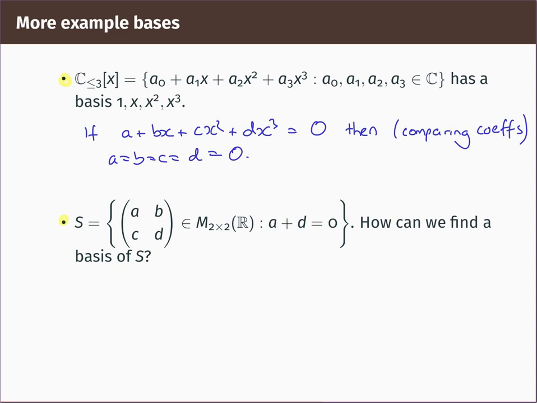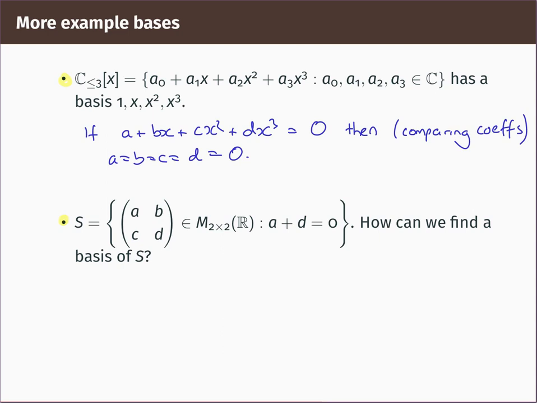And the question is, how can we find a basis for S? I promise you that that thing really is a vector space. It's genuinely a subspace of M2×2 of R, and therefore a vector space in its own right, with the usual matrix scalar multiplication and addition. That's something you ought to check.